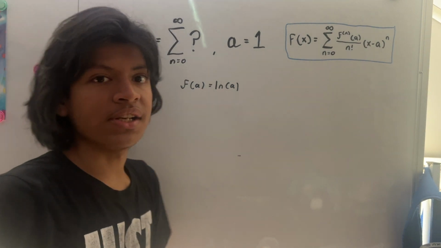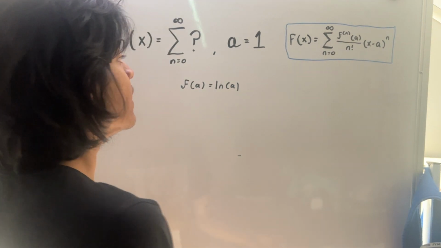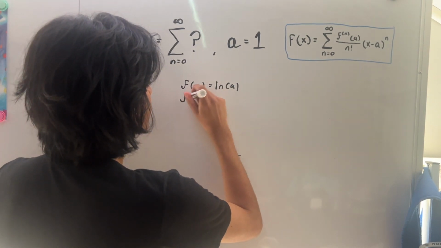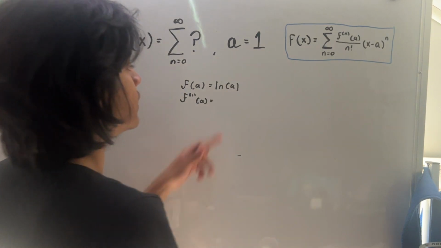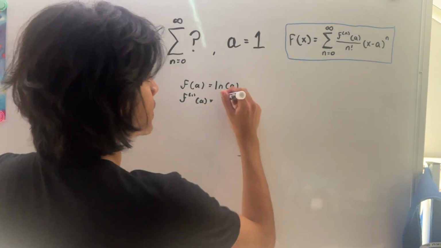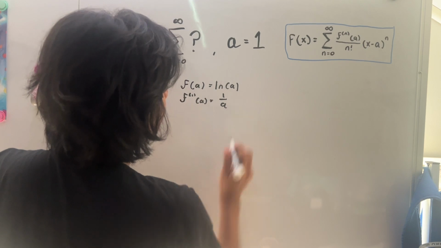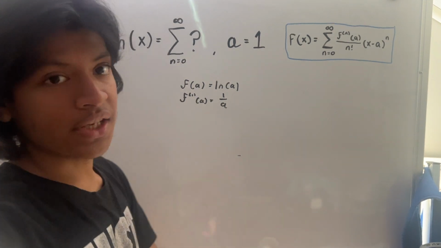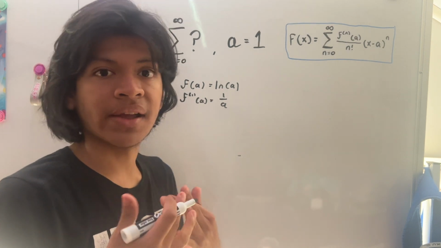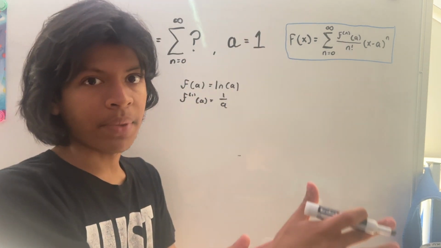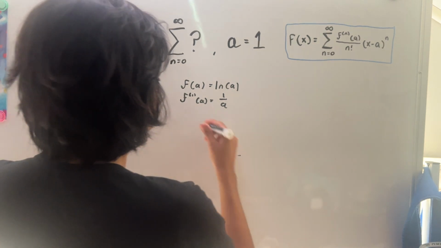And now we're just going to take the derivative with respect to a every time. So here we're going to take the first derivative, and the derivative of ln of a is just going to be 1 over a. And now we keep doing the derivative until eventually we notice a pattern every time we take the derivative.